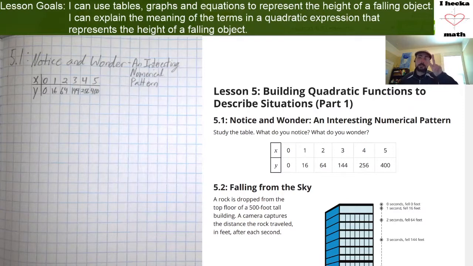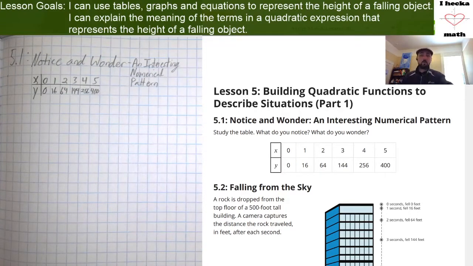And the two lesson goals for this lesson are, 1, I can use tables, graphs, and equations to represent the height of a falling object. And 2, I can explain the meaning of the terms in a quadratic expression that represents the height of a falling object. So just from these learning goals, I know that we're going to be looking at tables, graphs, and equations. And I know that this lesson is going to be all about falling objects.